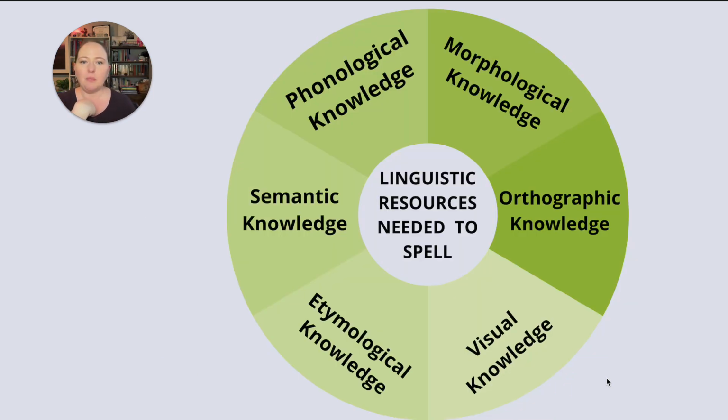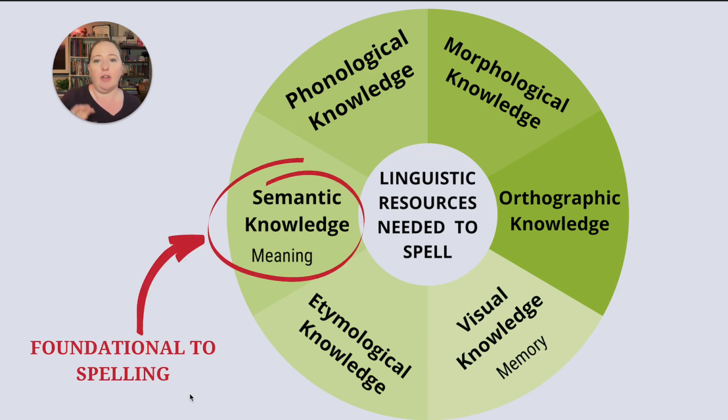Okay. So you need all of these things for spelling, right? We've talked about many of them. The other two are definitely foundationally, we need semantic knowledge. So we have to know meaning, because meaning is going to affect what words we choose to use, where we put them in a sentence, but then also how they might be spelled.